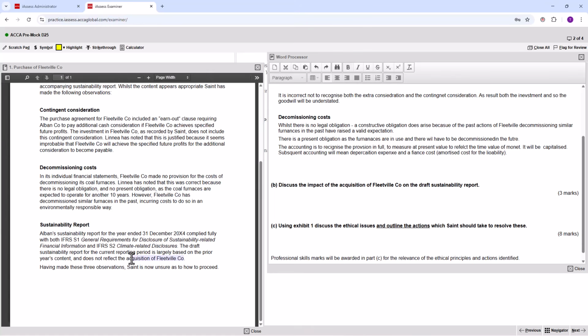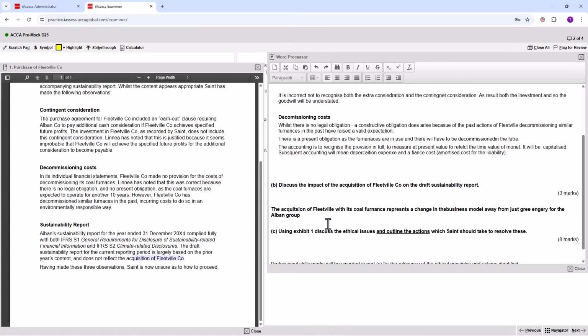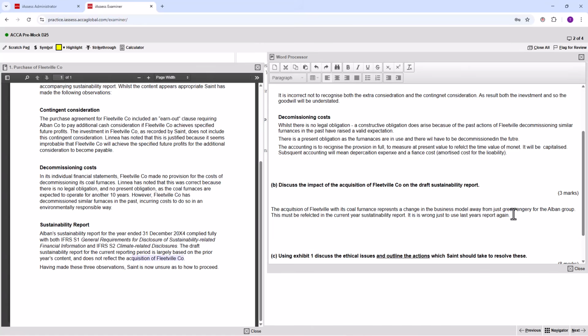So that's the context. And surely there's a very common sense piece of low-hanging fruit to say the current draft of the sustainability report is all wrong. So that to me is quite a straightforward thing to say.